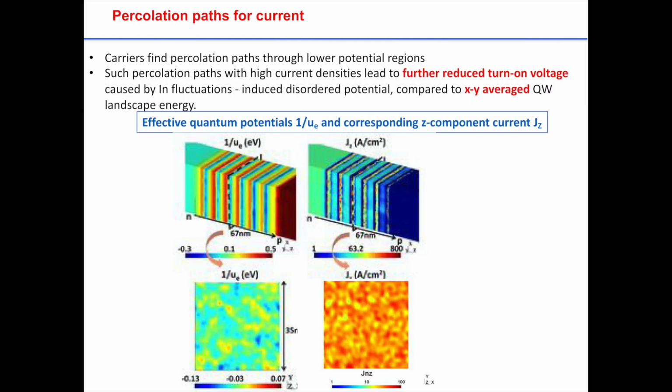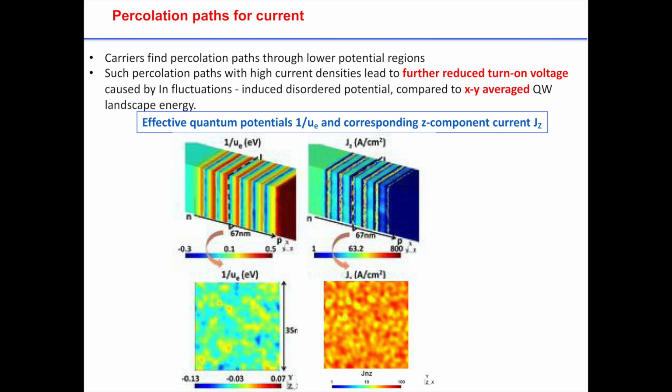Electrons transport in a very inhomogeneous way across the various layers. So instead of going through the multi-layer stack, electrons will find pathways of minimal energy to go from one side of your LED to the other. It's completely inhomogeneous, and no one-dimensional simulator can give you that type of result.